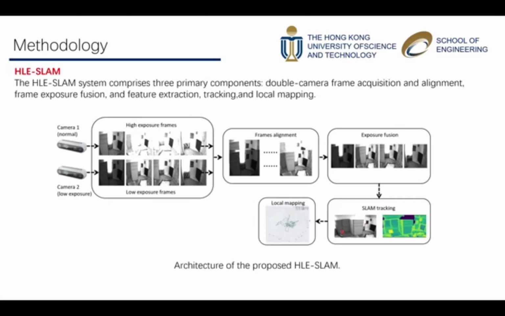We use two different cameras. One of the cameras uses the built-in auto parameters, and the other limits the overall brightness of the images by limiting the maximum exposure time of the camera, so we can get high exposure frames and low exposure frames. The cameras are placed vertically, and we only keep the part of the images where the two cameras overlap.